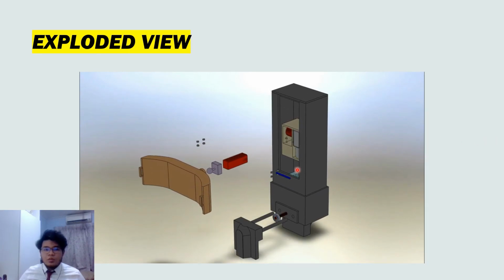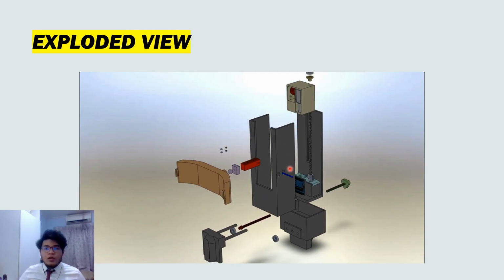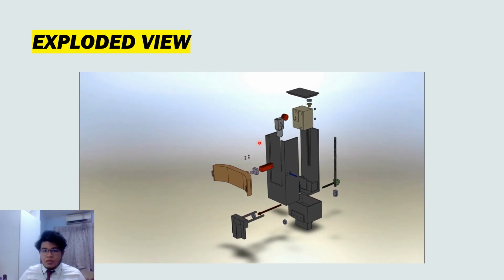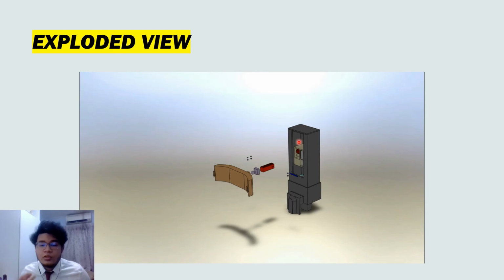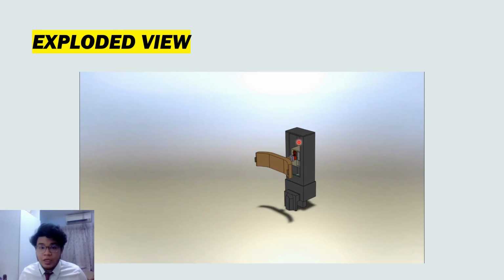This is the exploded view for the headrest unit, as you can see over here. I'll talk a little bit about the components that I'll be using. As you can see, there is a worm motor, and I'll be using a rack and pinion to move the headrest forward and backward, in the horizontal direction. For the vertical direction, I'll also be using a worm gear motor to provide higher torque.